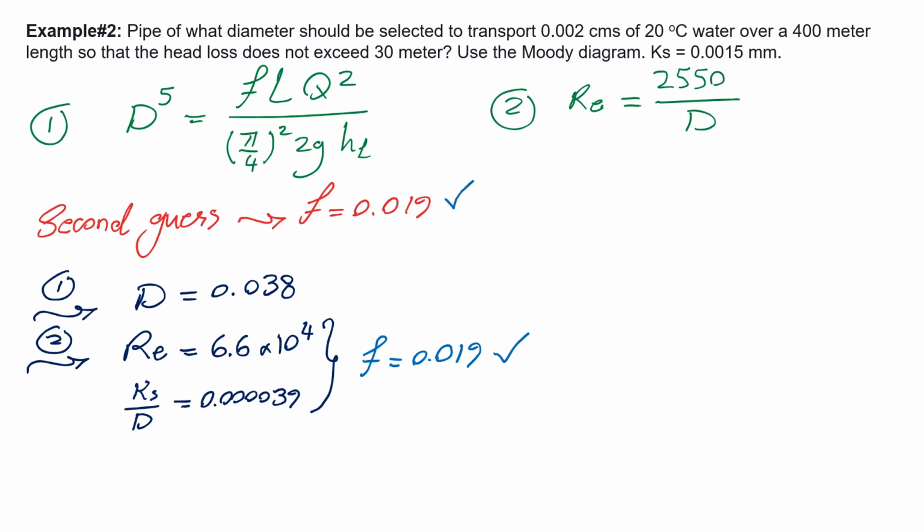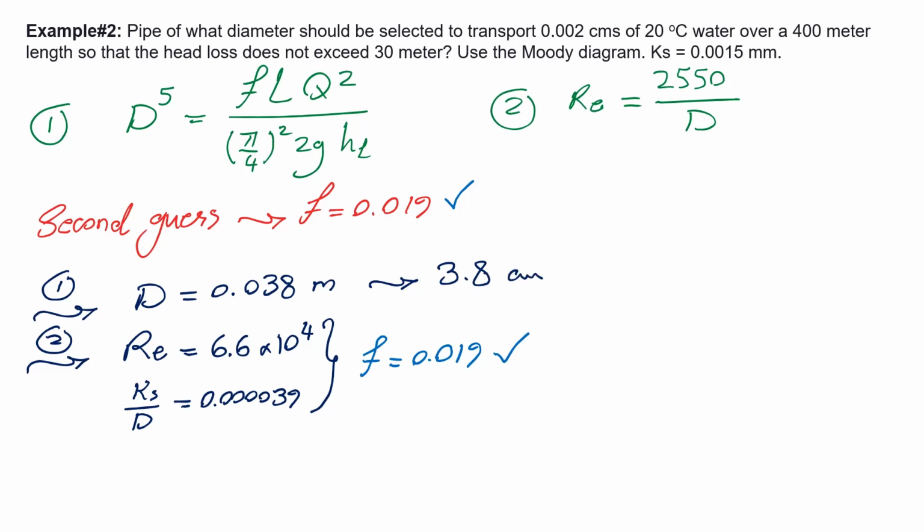So now we can accept this and select our pipe size or pipe diameter. Now, this D, remember that this is in meters, right? This D in meters. If you convert it to centimeters, it would be basically times 100, so it would be 3.8 centimeters.